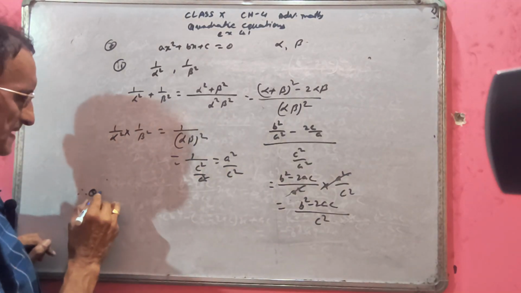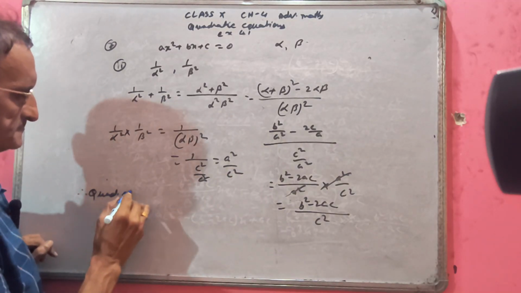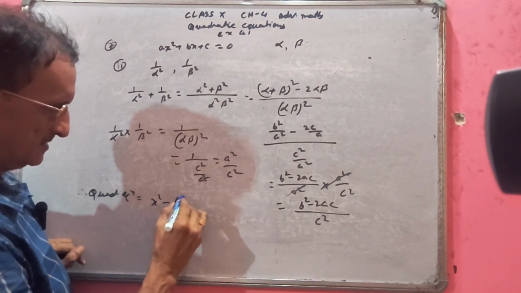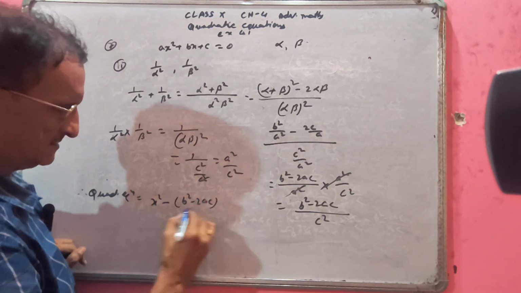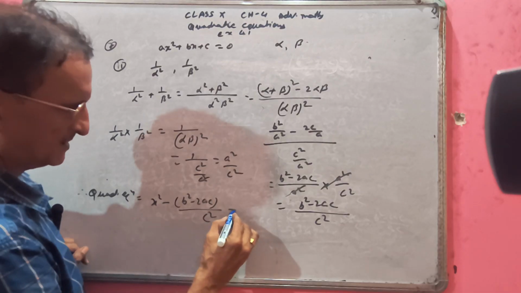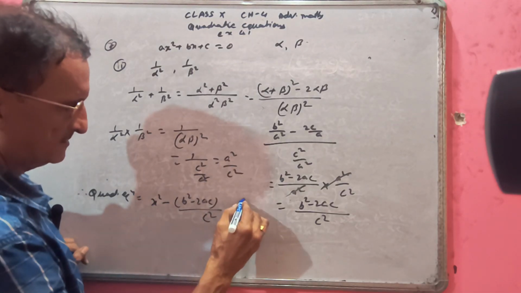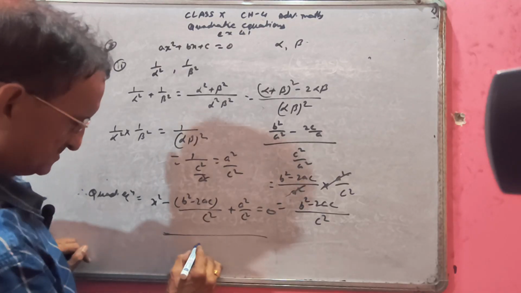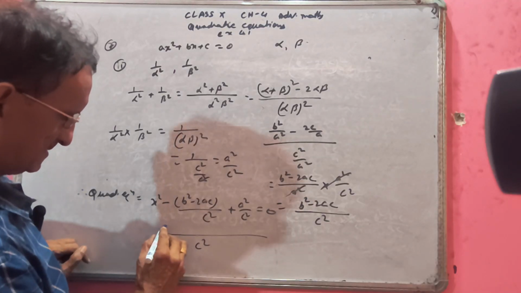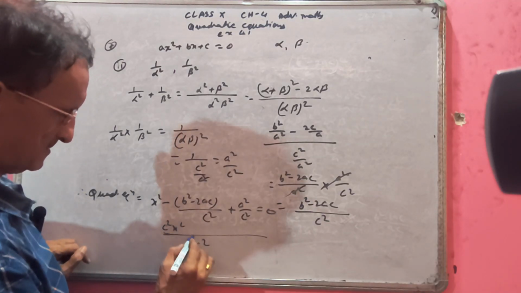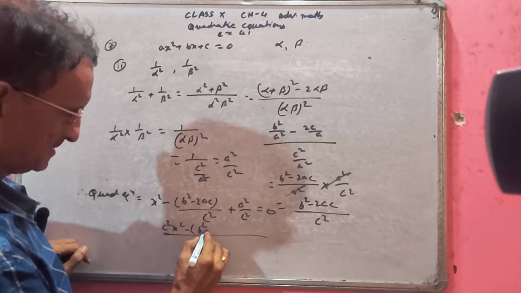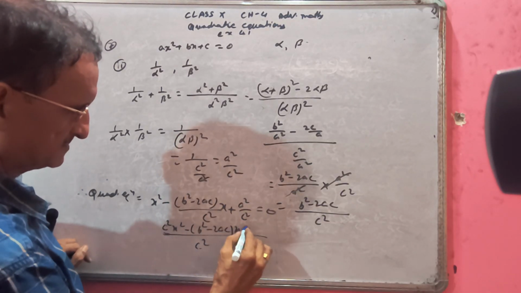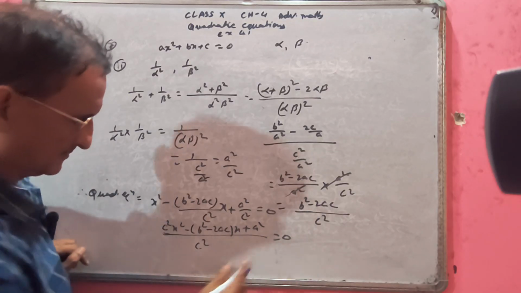Therefore, quadratic equation will be x square minus sum of roots, b square minus twice ac by c square, plus product of root, which is a square by c square, equal to 0. So c square x square minus b square minus twice ac into x plus a square equal to 0.